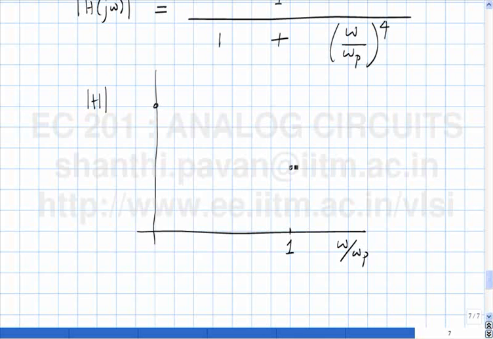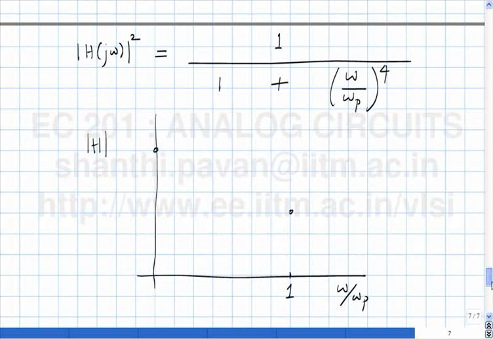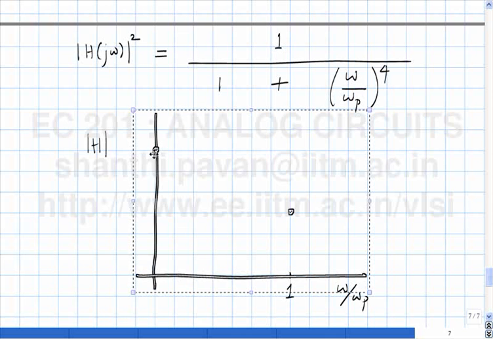So if I plot the magnitude squared response as a function of omega by omega p, at exactly omega by omega p equal to 1, what happens to mod h? It becomes half. At the origin it is flat.